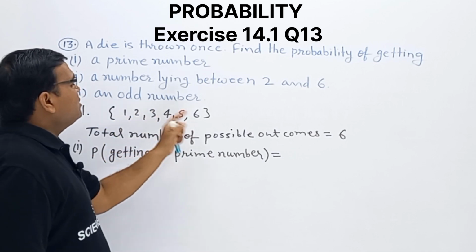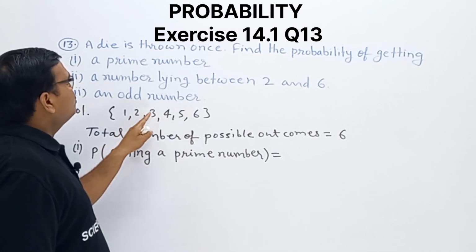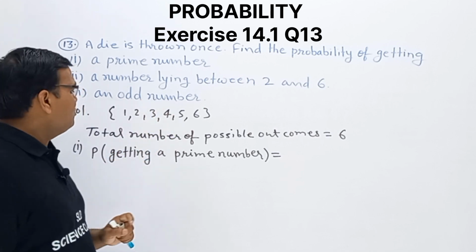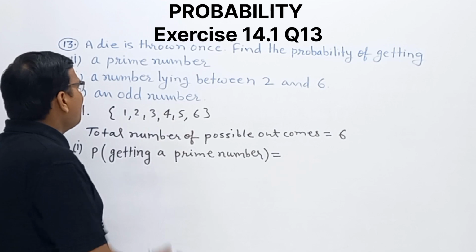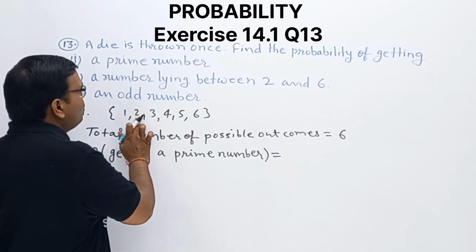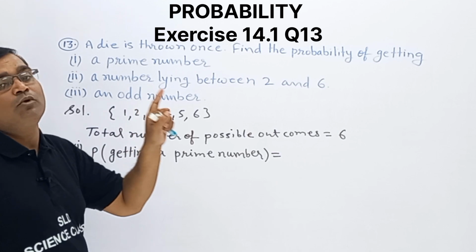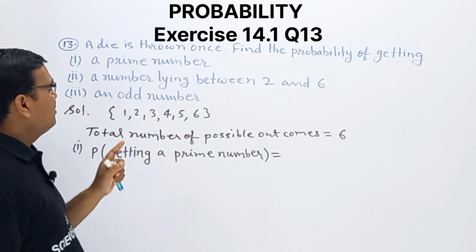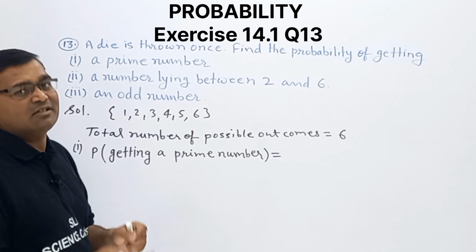From 1 to 6, how many prime numbers do we have? 2, 3 and 5. 1 is neither a prime nor a composite number. A prime number has only 2 factors, 1 and itself.